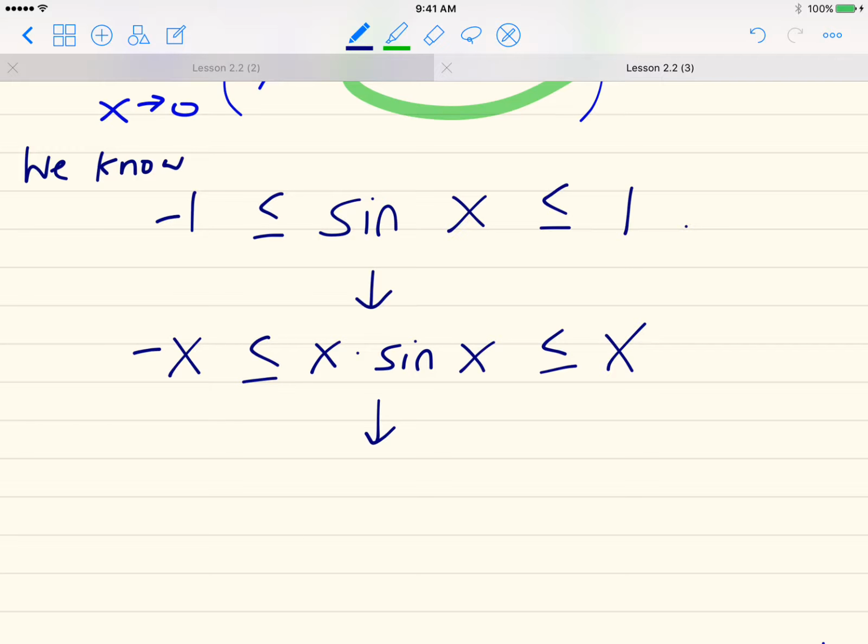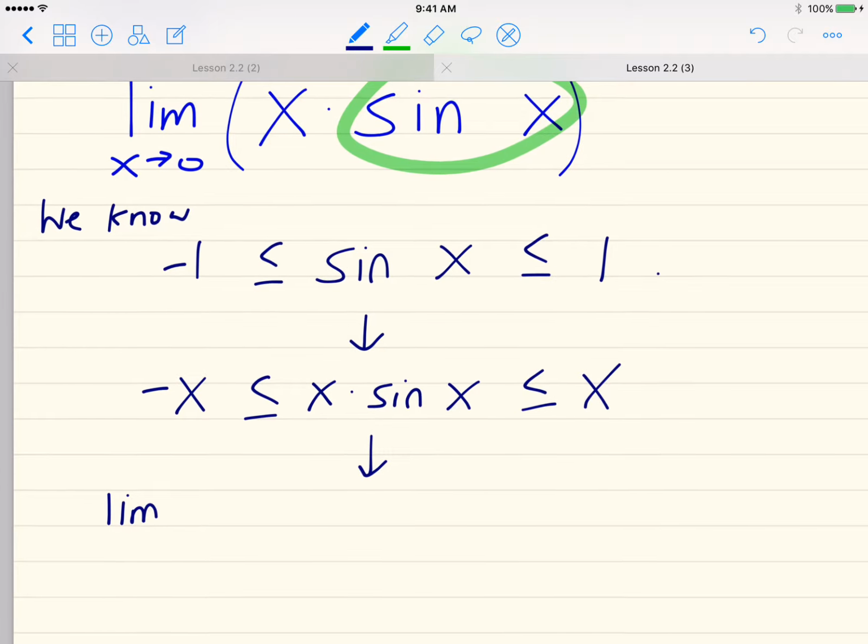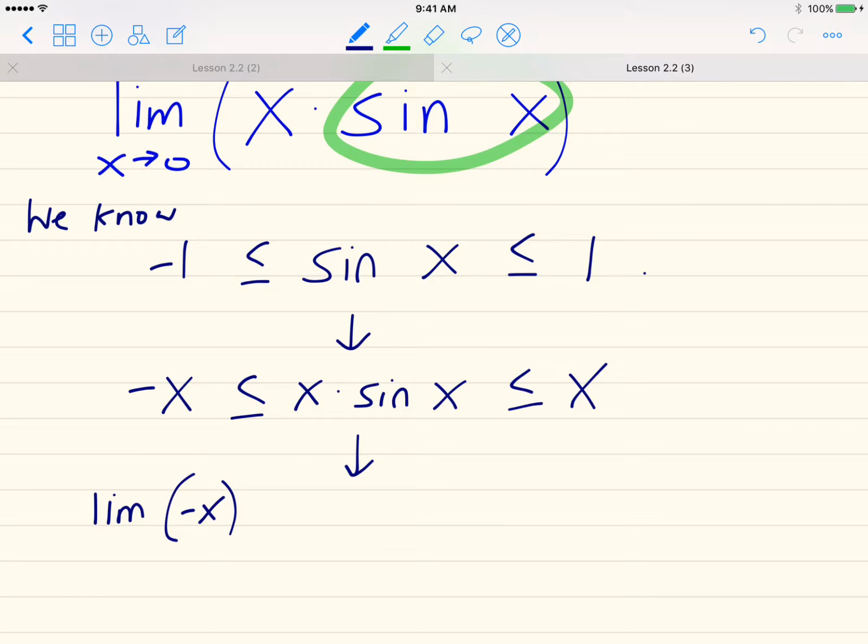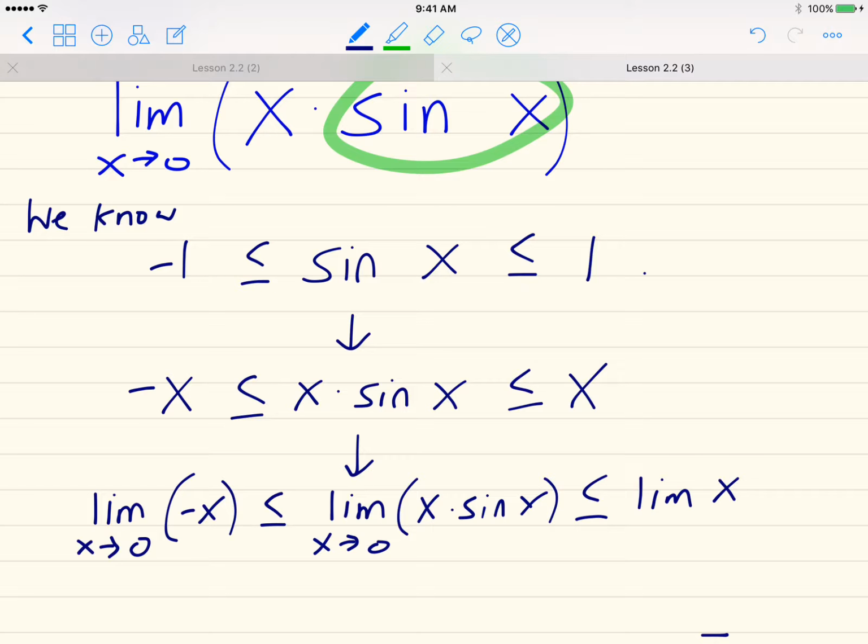And then if this is true, then the limit of -x, and we'll choose the c value to be 0, as x approaches 0, must be less than or equal to the limit of x times sine of x as x is approaching 0, which is less than or equal to the limit of x as the x value is approaching 0.